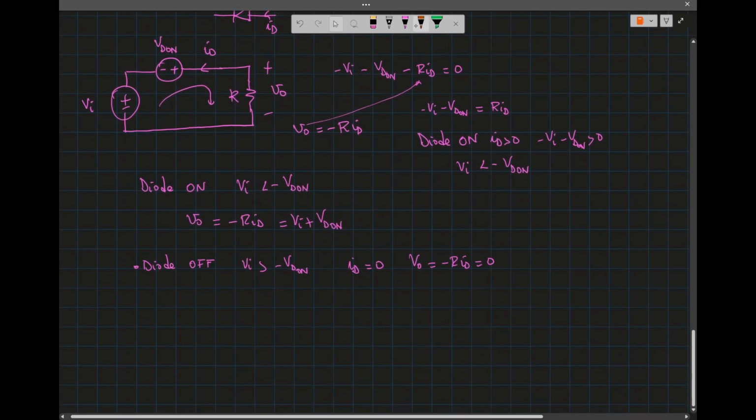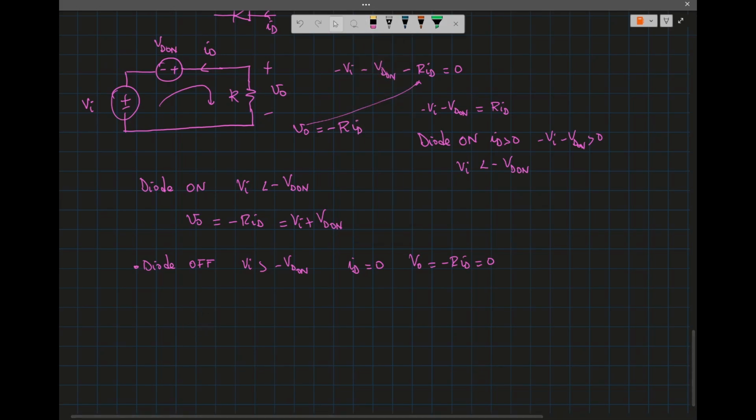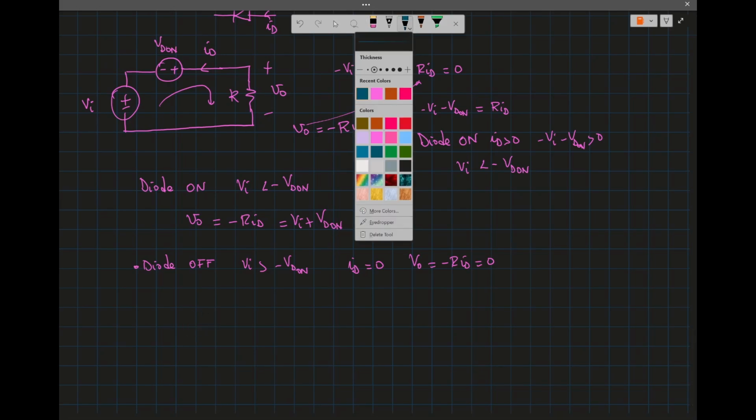So when I put it together, I will have, the color is not good.